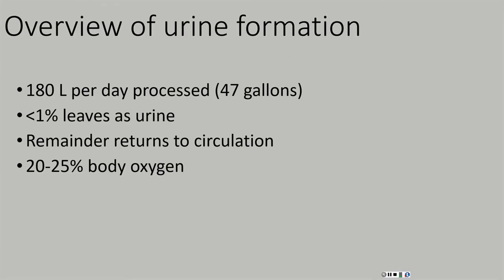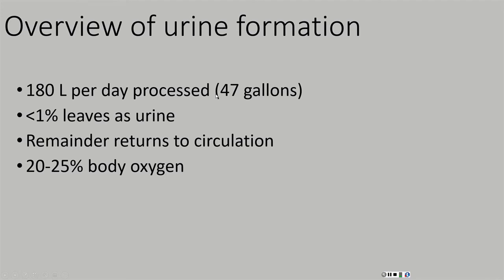Back to urine formation. When we're talking about forming urine, there's about 180 liters per day of plasma, of blood, that is filtered. So that blood that passes through the glomerulus, about 180 liters of liquid is removed from that.